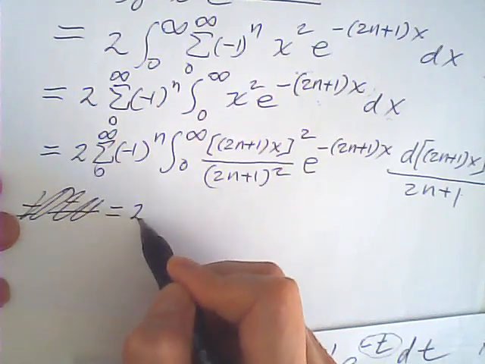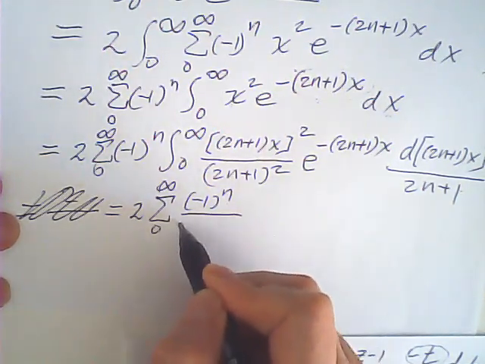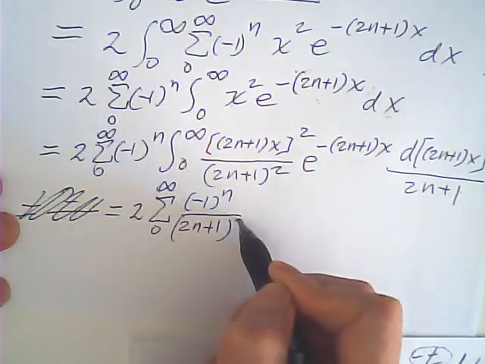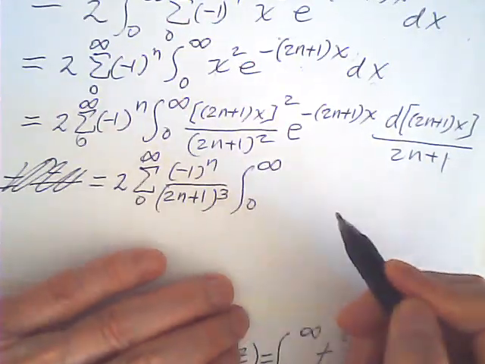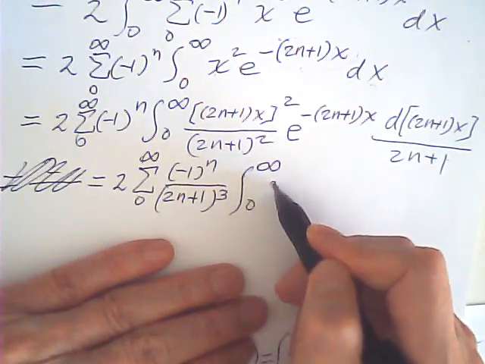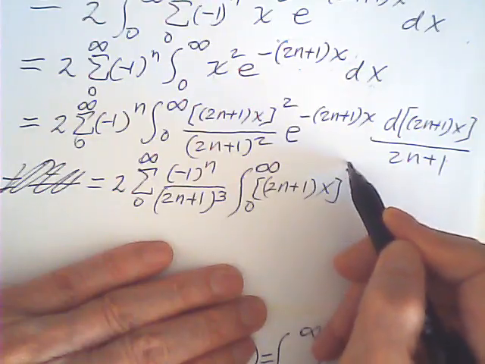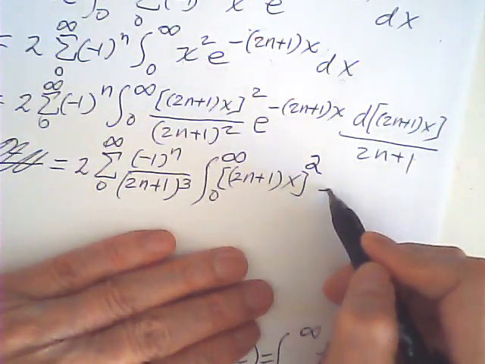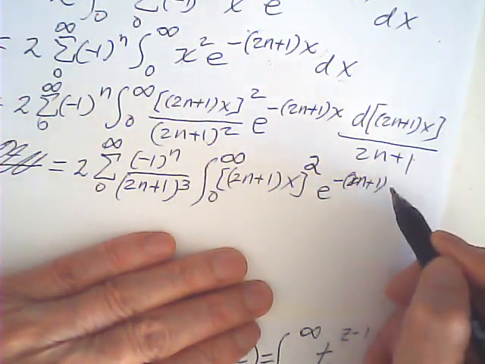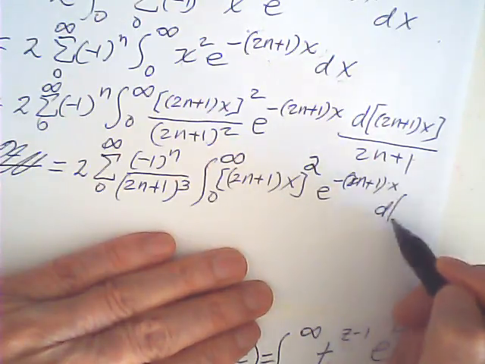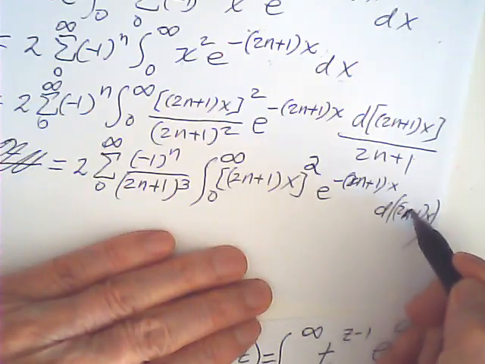I'll write this way: 2 sigma 0 to infinity, negative 1 to the n over 2n plus 1 cubed, taking out the integral from 0 to infinity of 2n plus 1 x squared e to the negative 2n plus 1 x d of 2n plus 1 x. Wow, this is good.